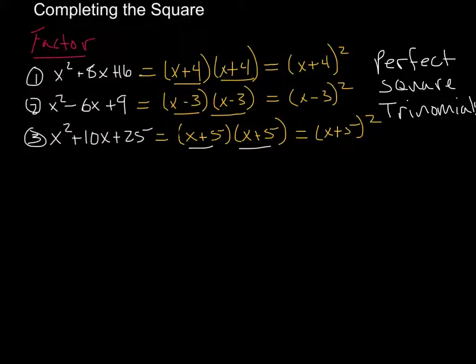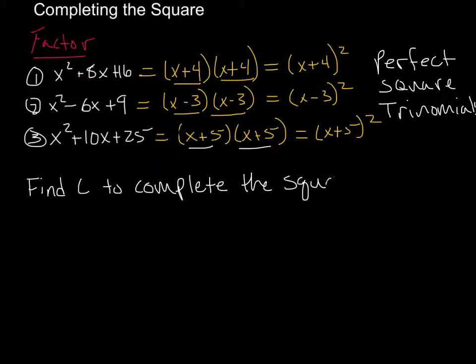Now, our objective is going to be to create perfect square trinomials, and you won't know why we're doing that yet, but the first type of problem you might see in your assignment would say something like, find C to complete the square.